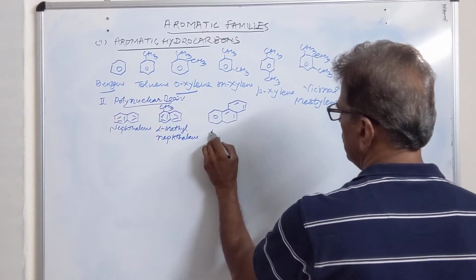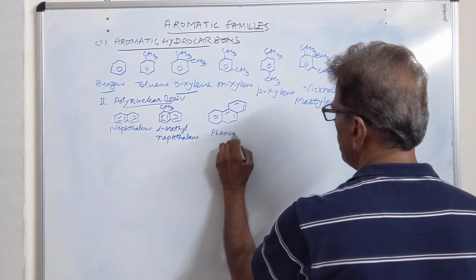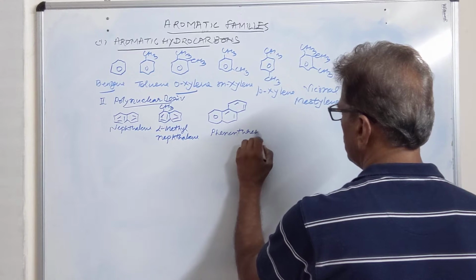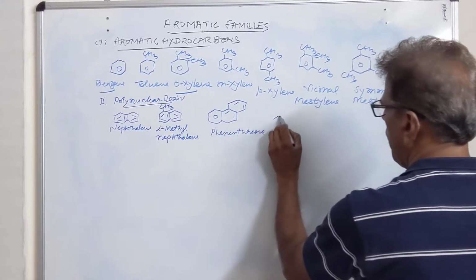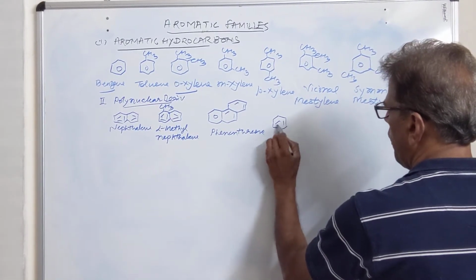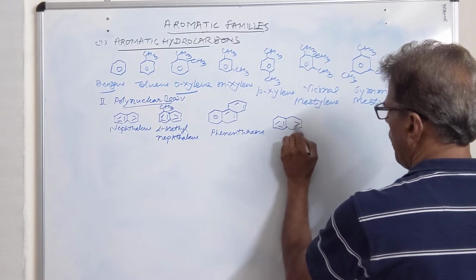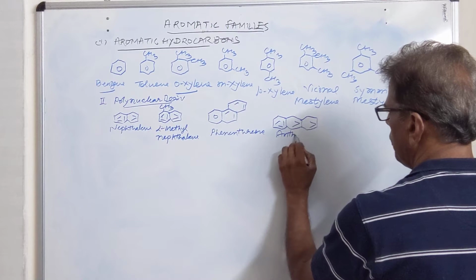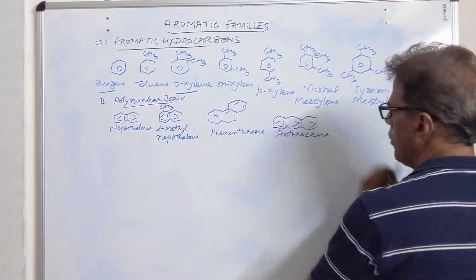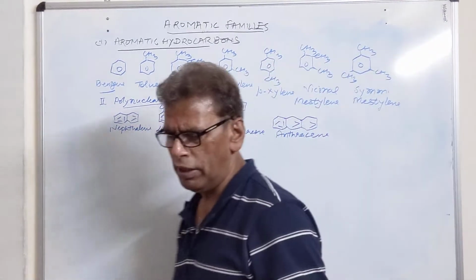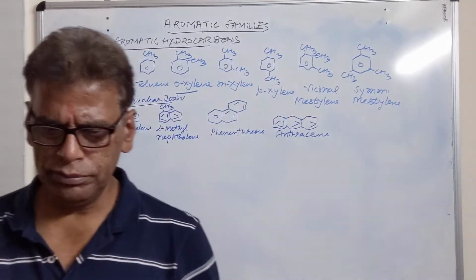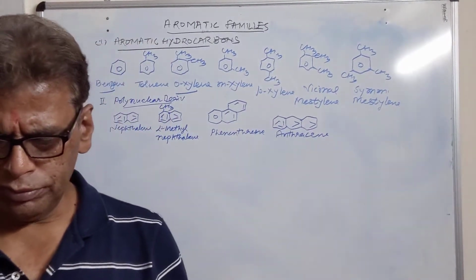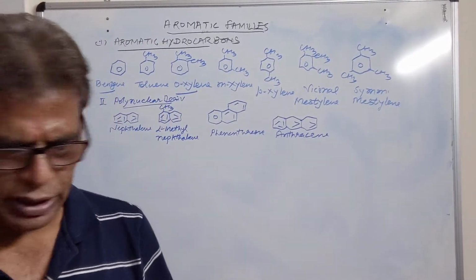This is phenanthrene. This is anthracene. These are the polynuclear derivatives. They are having two or more benzene in the fused state.